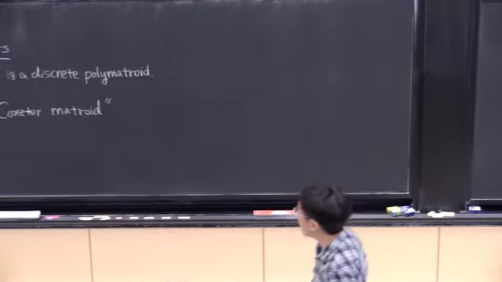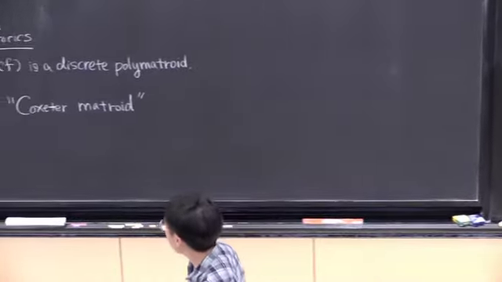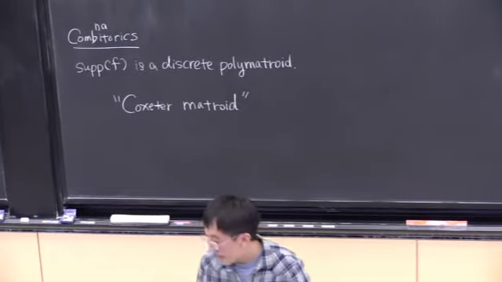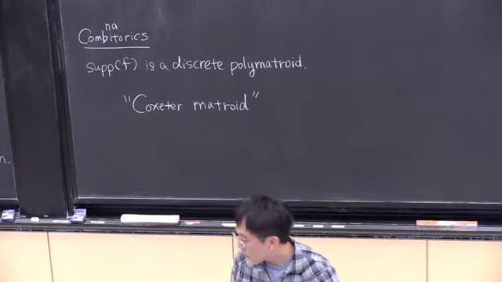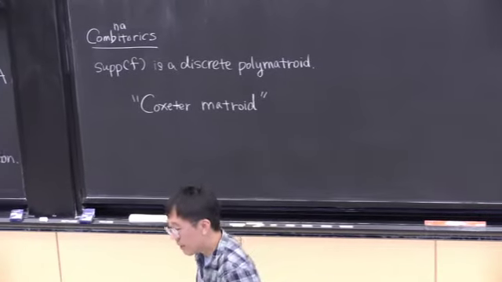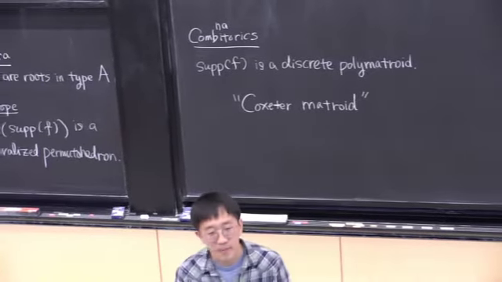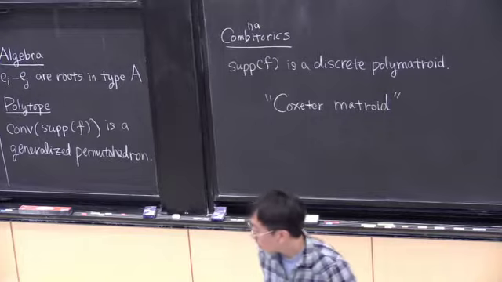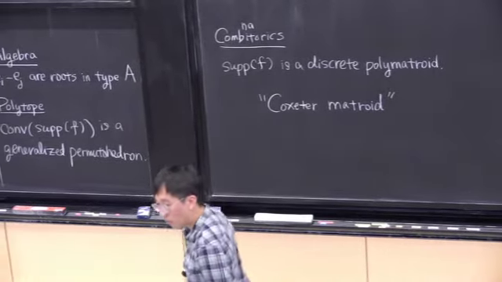And the authors of this book will try to sell you this idea that what combinatorialists call a matroid is in fact matroid of type A. And of course, there are matroids in all types.